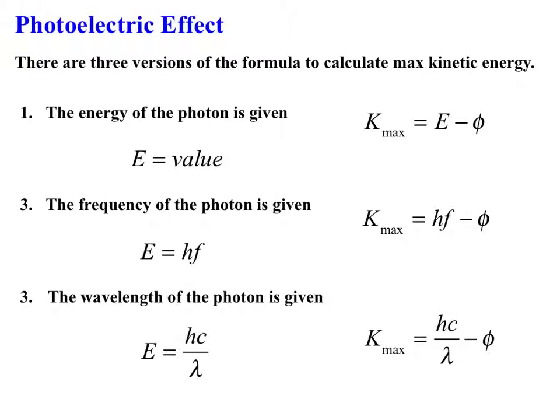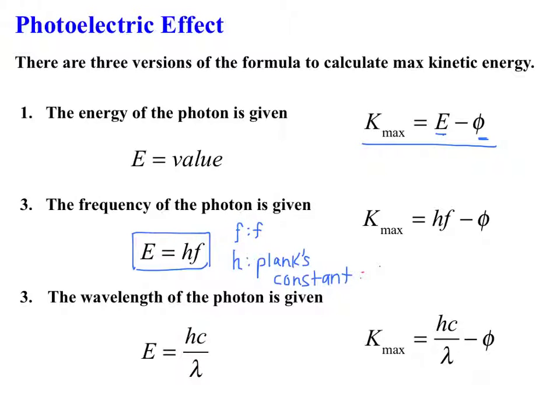We can calculate the kinetic energy if we know the energy absorbed minus the work function, or we can replace energy by this equation here, and this is Planck's equation, where h is Planck's constant. And we'll see more of this in class. f is frequency, and E is energy.